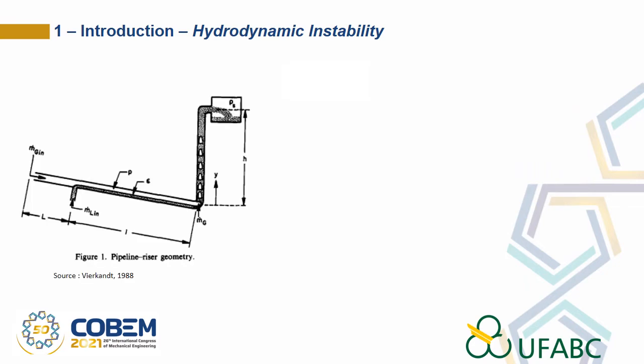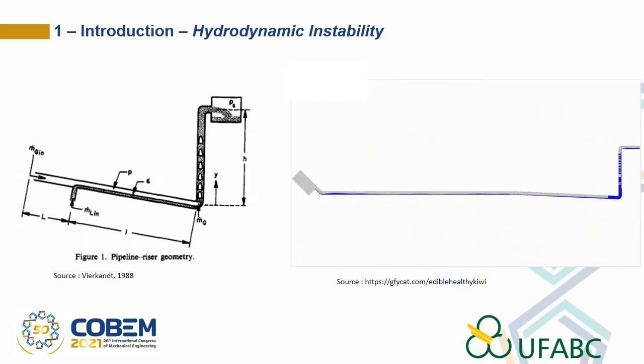The motivation. Multiphase flow in a pipeline riser system, with a section with downward inclination followed by a section with upward inclination like a riser, under low liquid and gas mass flow rates is prone to hydrodynamic instability.